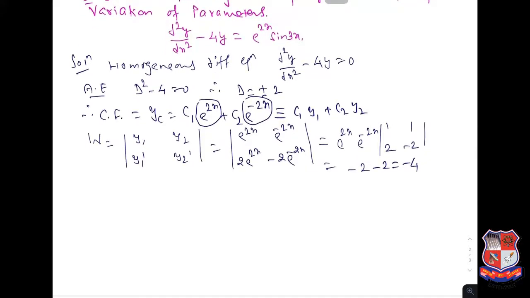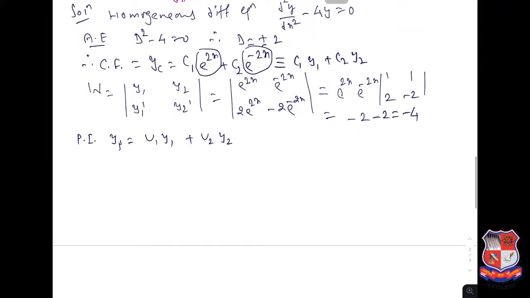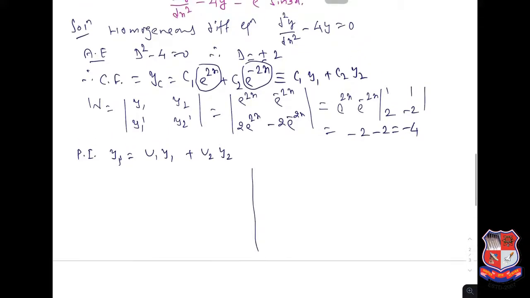Now what is the particular integral? That is nothing but u1 y1 plus u2 y2. And what is u1 and u2?